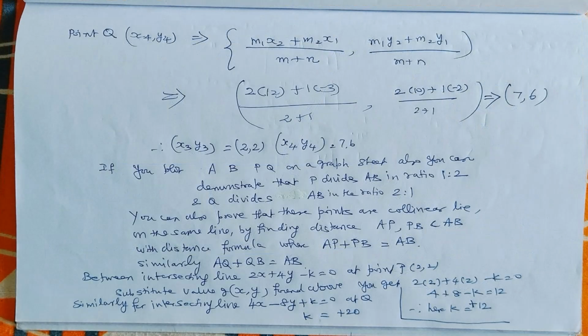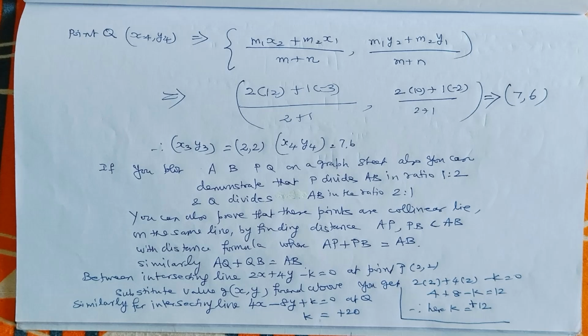Now, point Q, x4, y4, is found by the same formula. Here the ratio of division is 2:1, but the denominator 2 plus 1 is 3, as in the previous point. Now, x4, y4 we get as (7, 6).